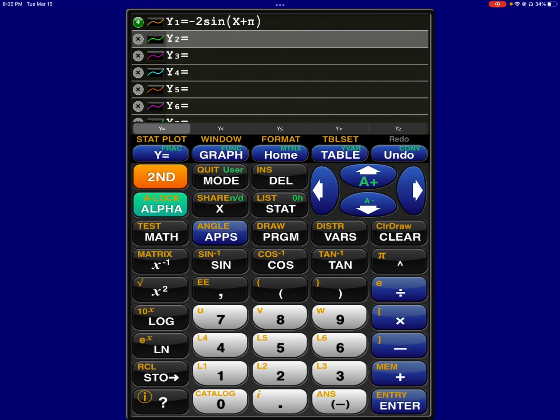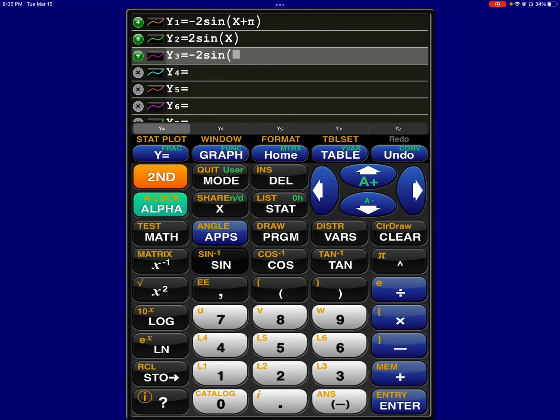Our second sine function we said was 2 times the sine of just theta, or x. And then we also had a -2 times the sine of theta minus pi, I believe it was, or x minus pi, because we shifted to the right.